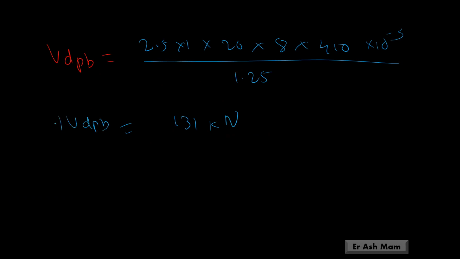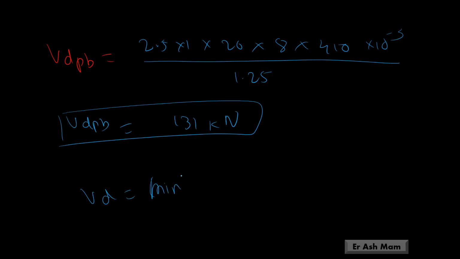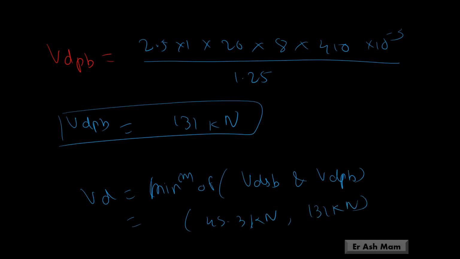Therefore, strength of bolt VD is the minimum of VDSP and VDPB, where VDSP is 45.3 kilonewton and VDPB is 131 kilonewton. Therefore, bolt value is 45.3 kilonewton, minimum out of these two.